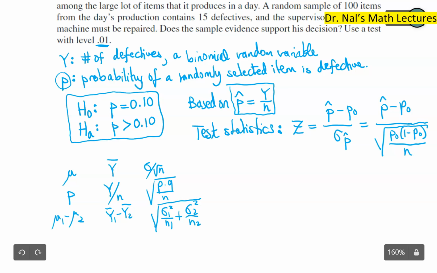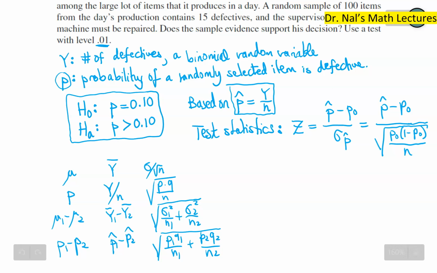And finally, for the difference in proportions, the estimator would be p1 hat minus p2 hat, and again it has a long formula for the standard error. Let me write that down. Okay, so I just listed those commonly used point estimators for completeness' sake.